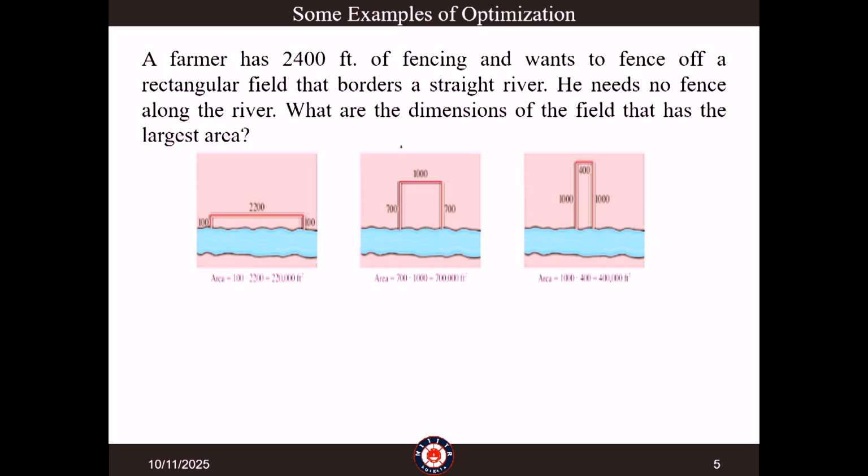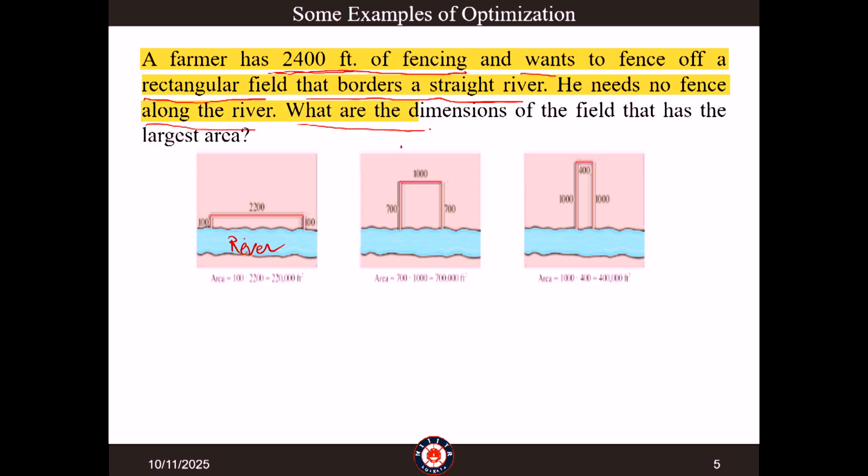Now, let me give you one example for optimization. Suppose a certain landlord, this is a river, and he has just 2400 feet of fencing and wants to fence off a rectangular field that borders a straight river. He needs no fence along the river, obviously. What are the dimensions of the field that has the largest area? Say, for example, this one is 100 and 100, and out of 2400, this one is 2200.